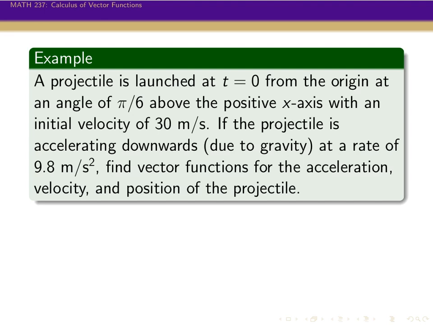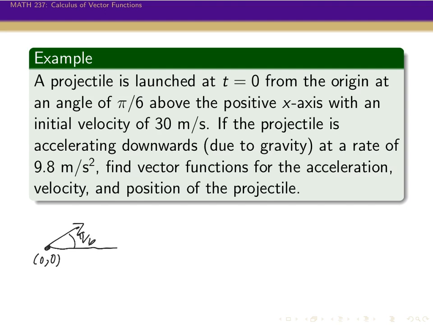Okay, so let's do an example, building this up from the bottom up. This is a very classic kind of physics example. We have a projectile launched at time 0 from the origin, so at 0, 0. Let's assume this is in R2. And it's shooting up initially at an angle of pi over 6 above the positive x-axis. So we're starting at the origin, over the x-axis, going up pi over 6.